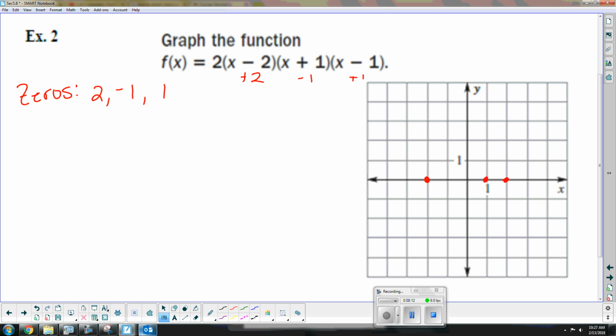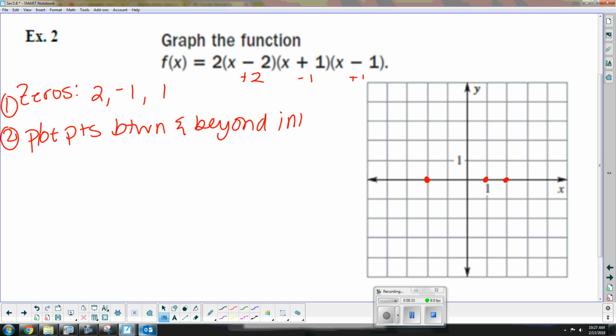We don't see any repeat zeros, so all of these are going to go beyond the x-axes. Next, we're going to plot points between and beyond. Our intercepts for zeros.